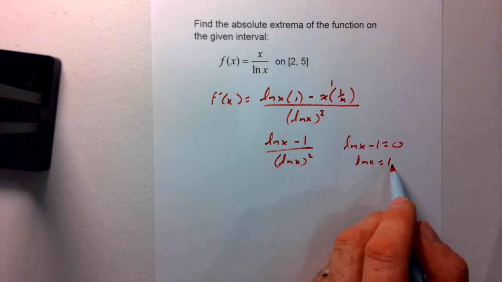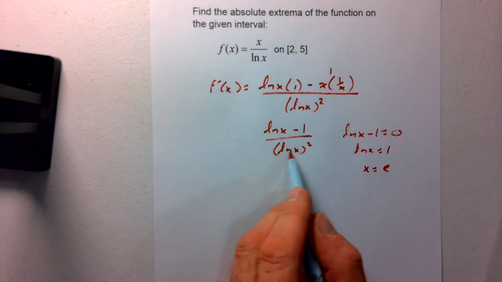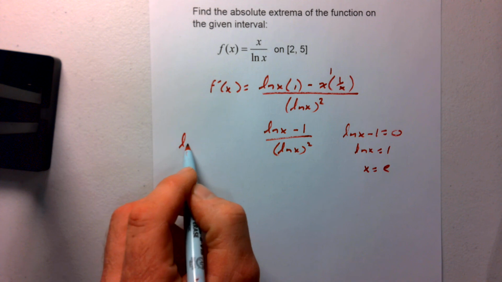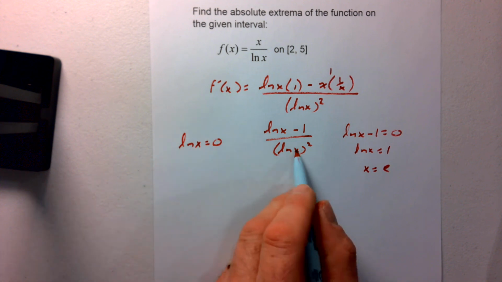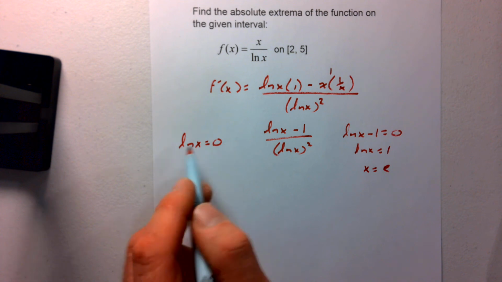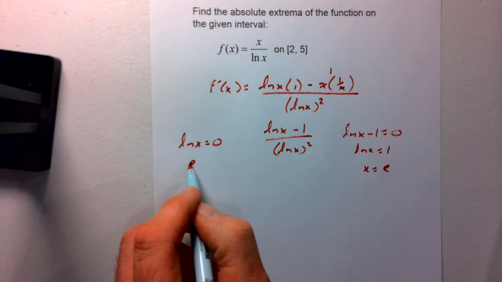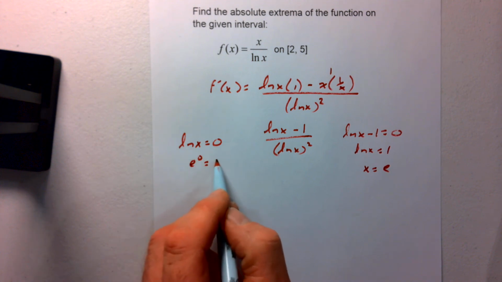Where does natural log of x equal 1? When x equals e. Here we can set the natural log of x equal to 0 to get our denominator as well. But remember, when does natural log of x equal 0? Well, e to the 0 is going to equal x.